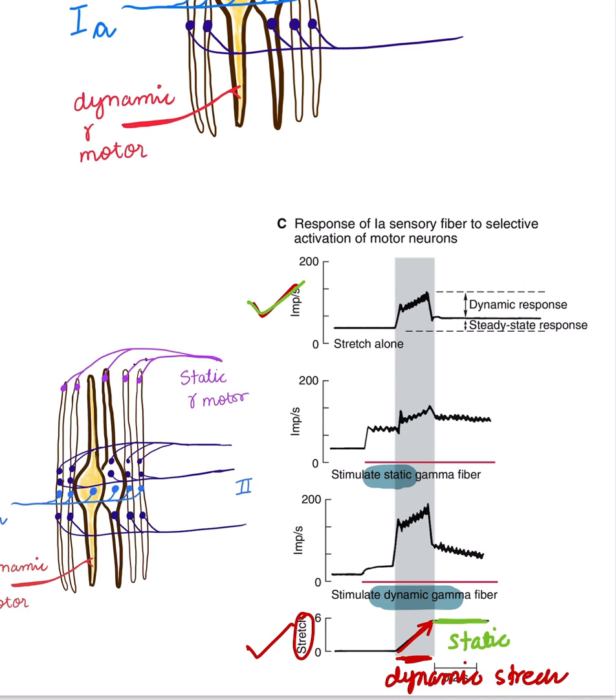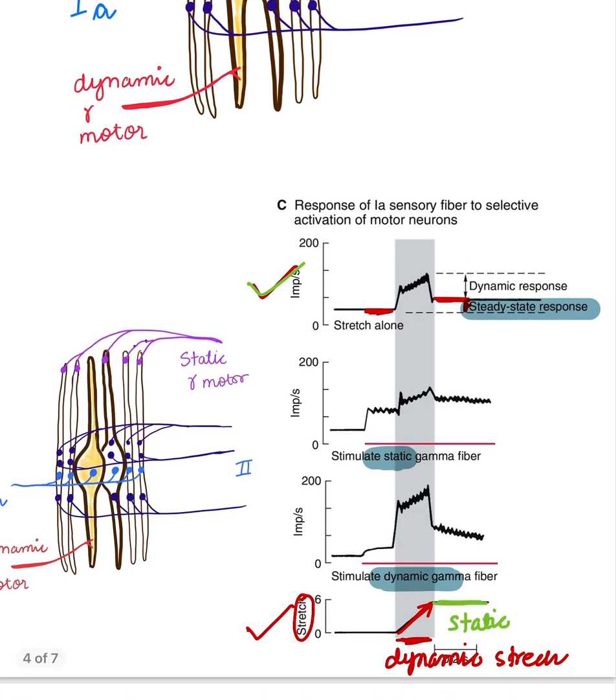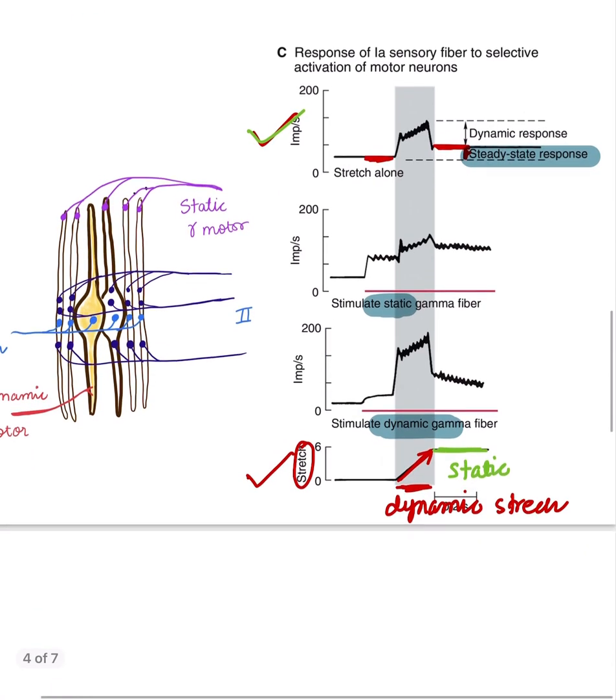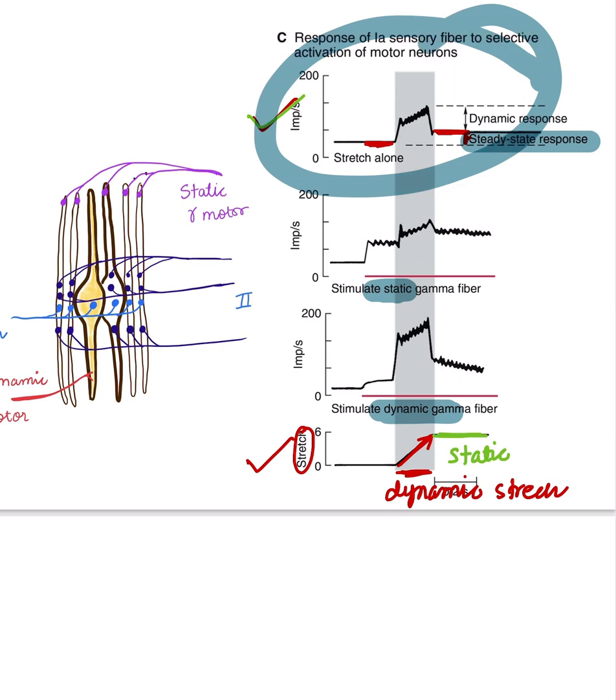And after the dynamic stretch, when our stretch is static, this will be our static state response. So we have seen the dynamic response and static state response. Now we'll compare this with the stimulation of static and dynamic fibers.